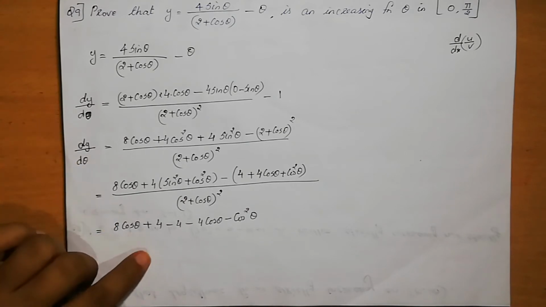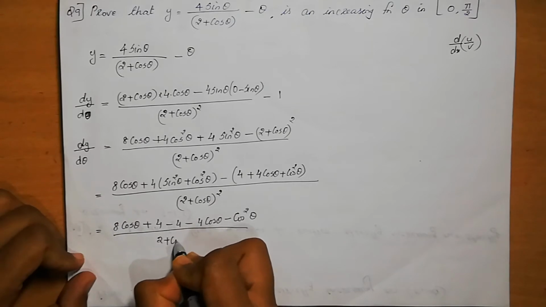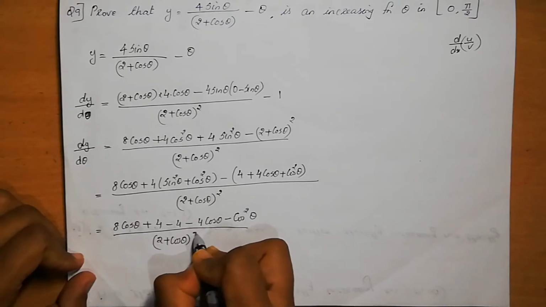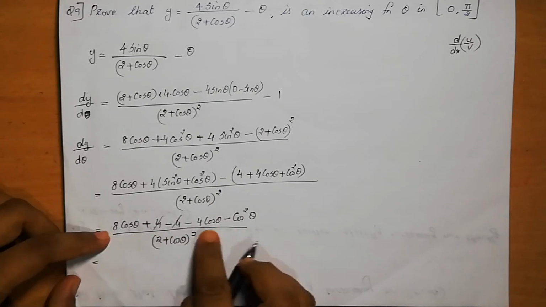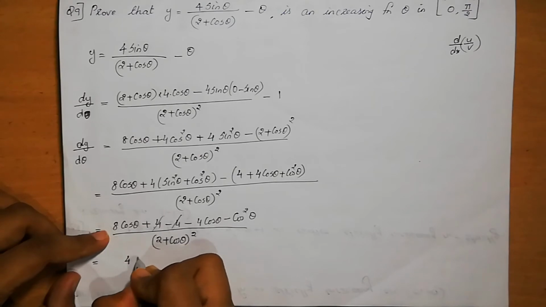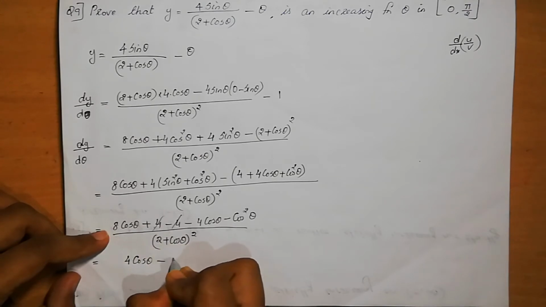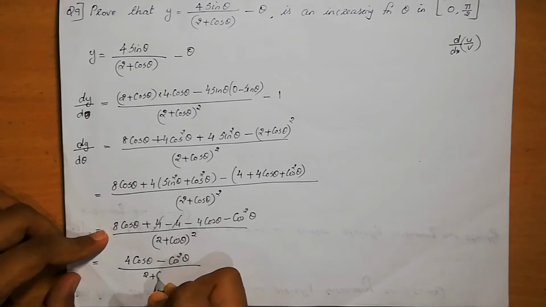Next, divide by 2 plus cos theta the whole square, plus 4 minus 4 cancel. So 8 cos theta minus 4 cos theta is 4 cos theta. 4 cos theta minus cos square theta divided by 2 plus cos theta the whole square.